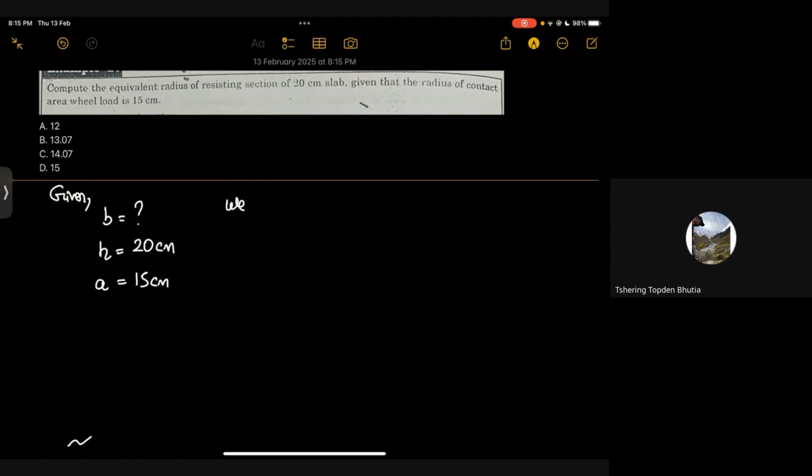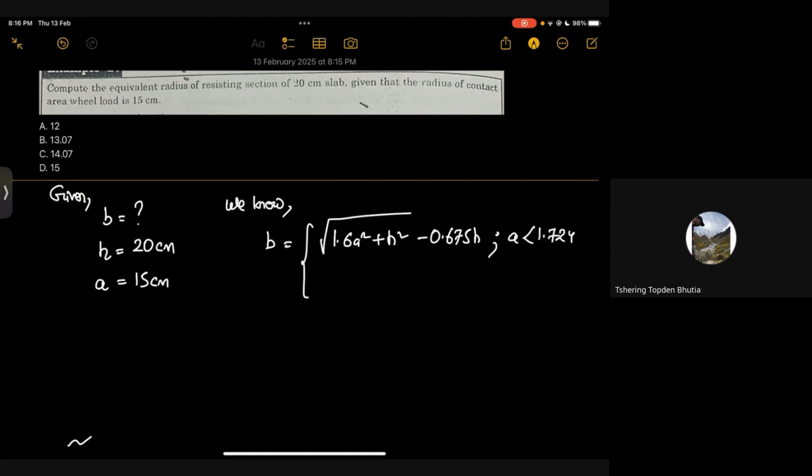So we know basically B has two choices. Root over of 1.6 a square plus h square minus 0.675 h when a is less than 1.724 h, and a when a is greater than or equal to 1.724 h. So guys, please calculate whether a is less than 1.724 h.